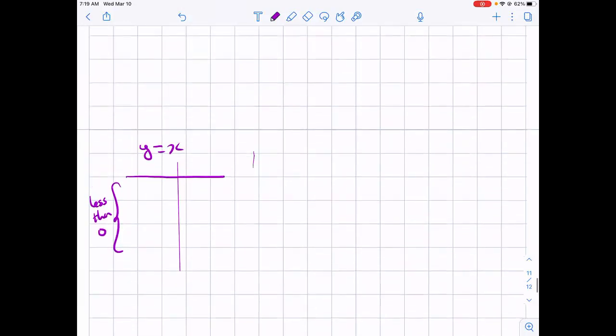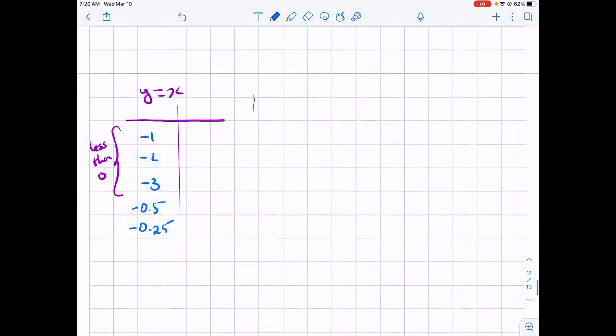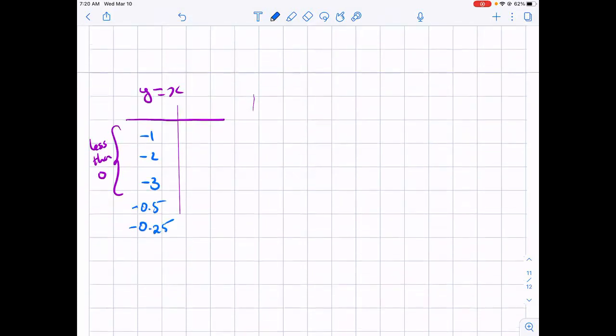So we can use values such as -1, -2, -3. You can even go up to -0.5 or -0.25. But you cannot choose 0. So if this is x and this is y, then the values will be the same.